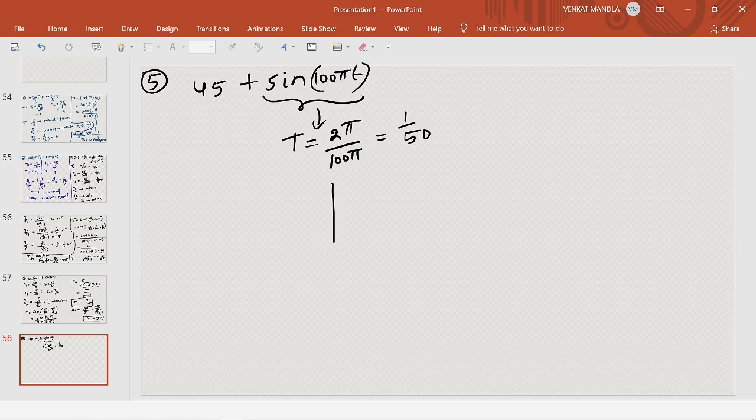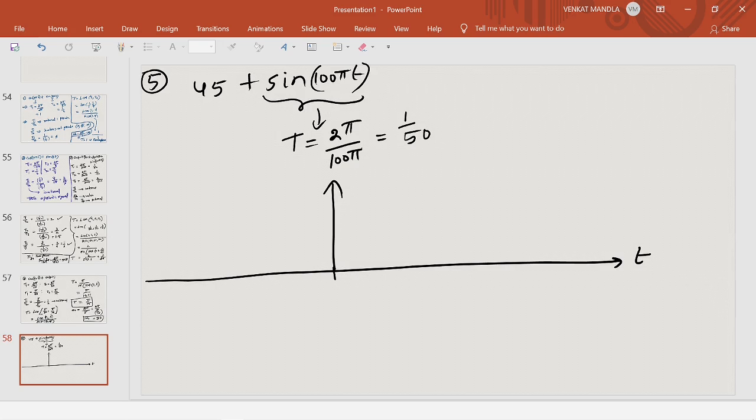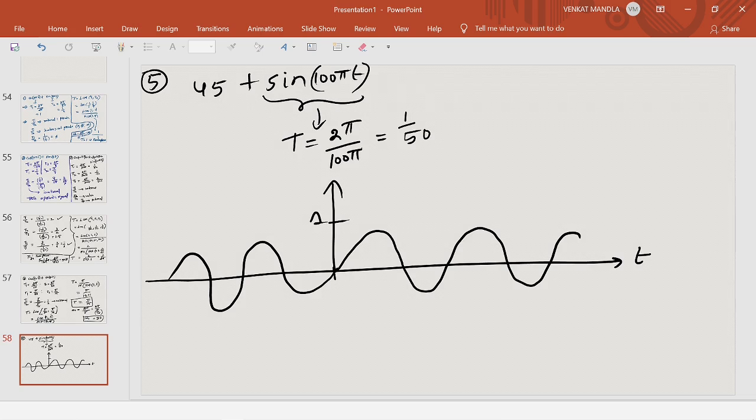So I have to draw sine 100 pi t against t, with peaks at plus 1 and minus 1 and so on. This is repeating, with period T, 2T, minus T, minus 2T and so on.